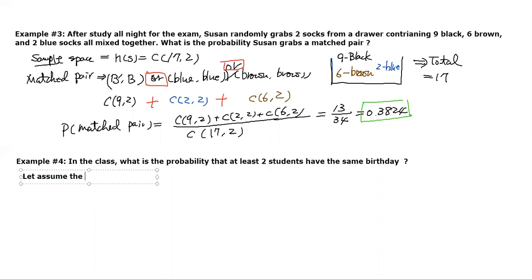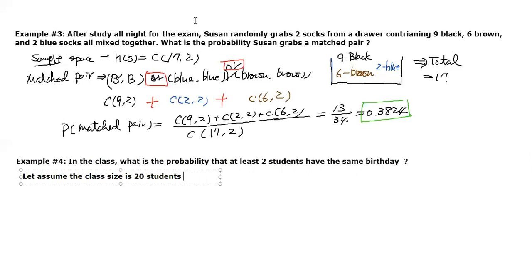Let's use our class as an example. I think we have 18, 20. The class size is 20, so let's use 20 students. So what is the chance we will find a match here?